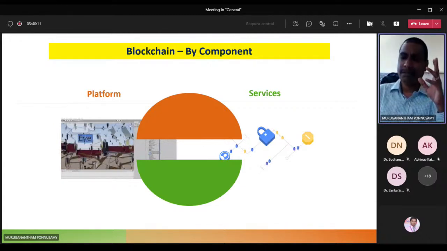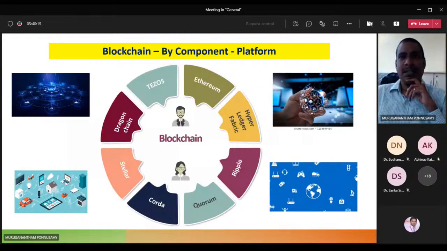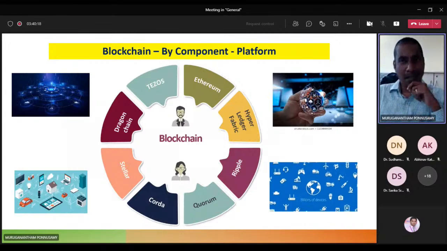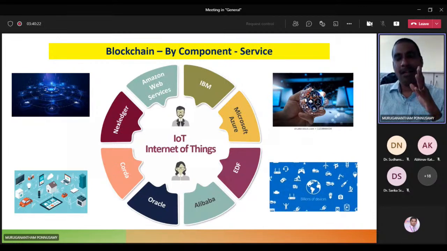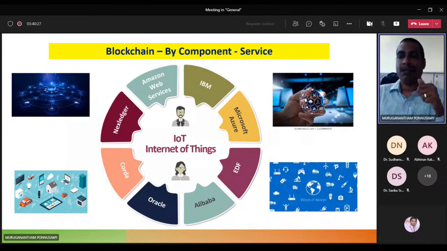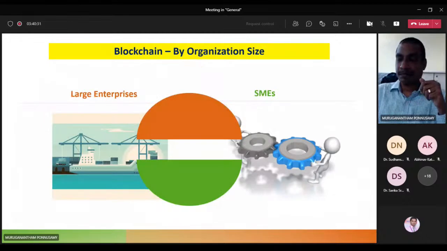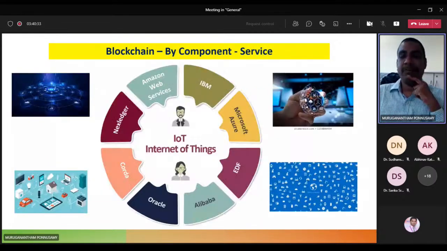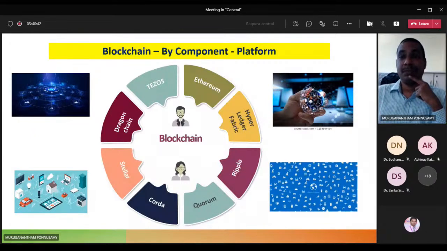People will go for a platform, in any one or other. As I said, a permissioned one or a permissionless one. On the screen, I put up a few items, starting from Ethereum, Hyperledger Fabric, Ripple, Quorum, Corda, Stellar, Dragonchain, Tezos, right?